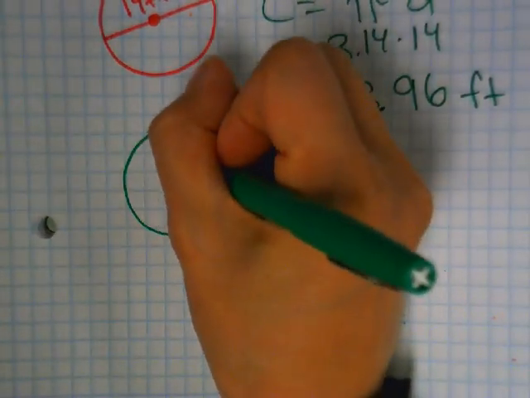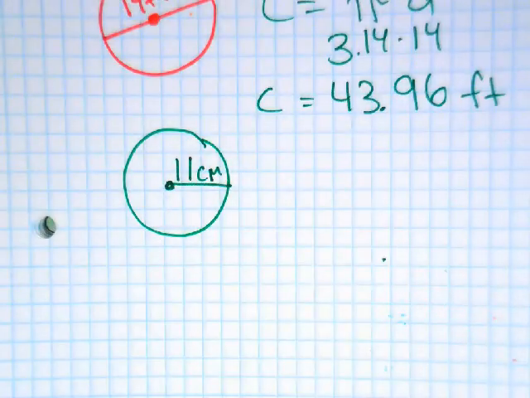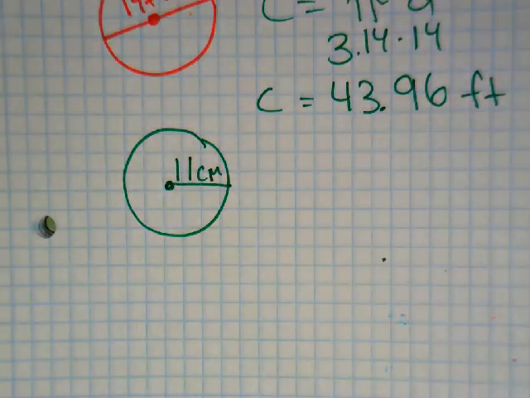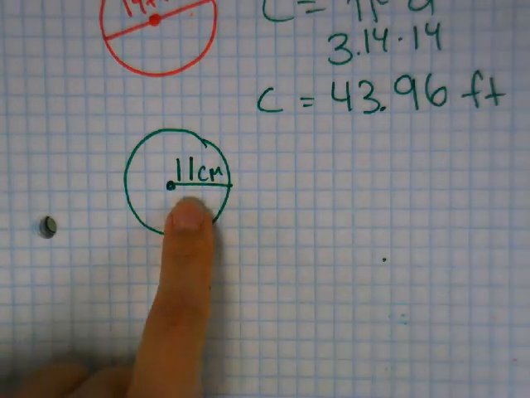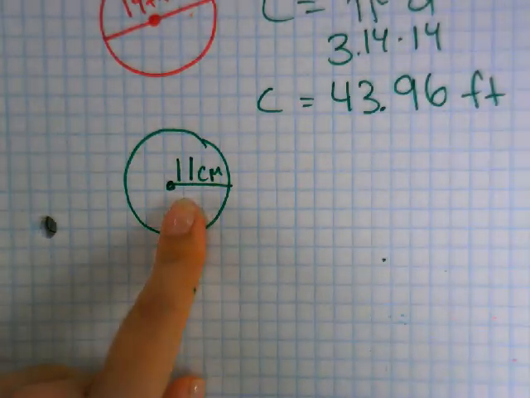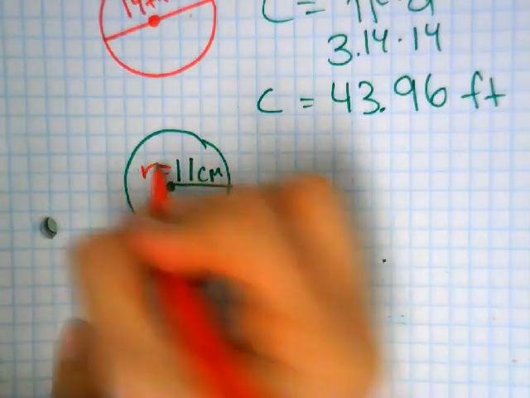11 centimeters. How is this hard? So I make it hard because I don't give you the number that you have to use. I trick you and give you the radius.